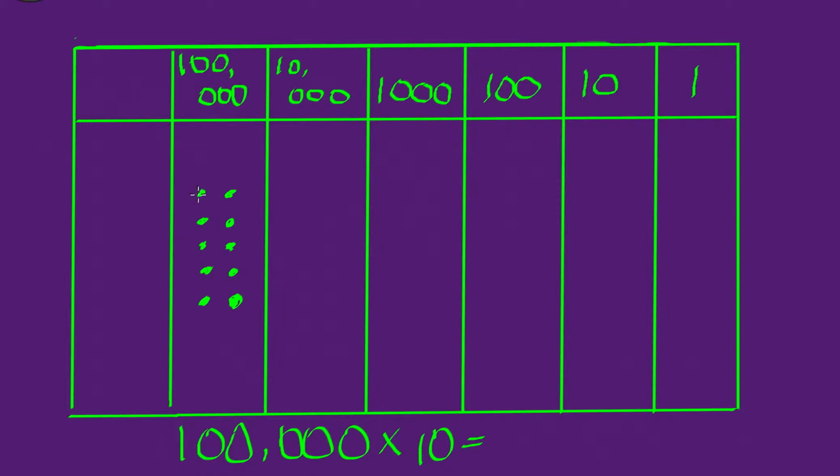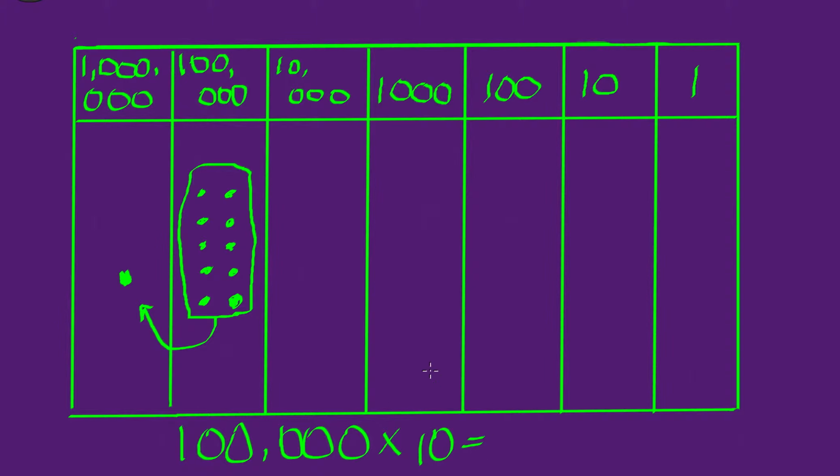So now I have 100,000, 200,000, 300,000, 400,000, 500,000, 600,000, 700,000, 800,000, 900,000. Then the next one will be 1 million. So now you're not talking about thousands anymore. Now we've moved to a new place, which is 1 million. And to write 1 million, you add a 0. There's 5 here, so now I need 6 over here. So this is 1 million.